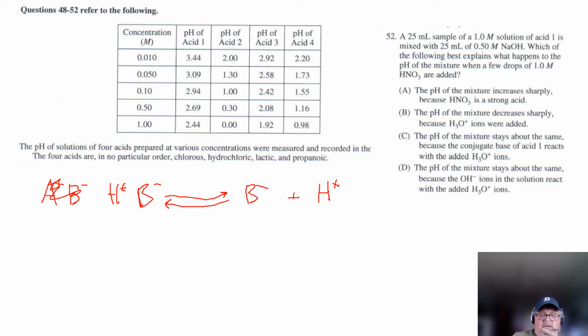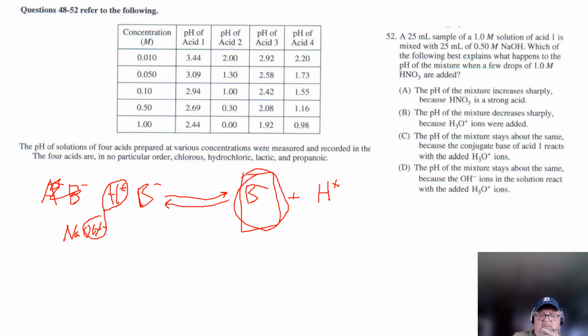Right. And then what we're going to do is add some sodium hydroxide. The sodium hydroxide is going to combine with the H plus, and you're going to create more conjugate base. So now you have more conjugate base. All right.